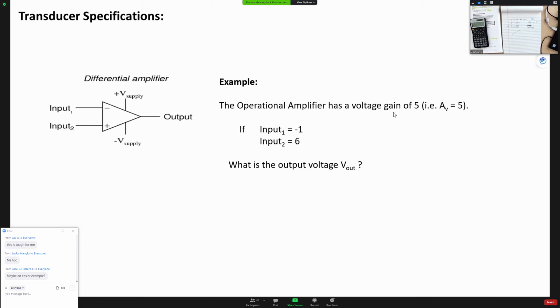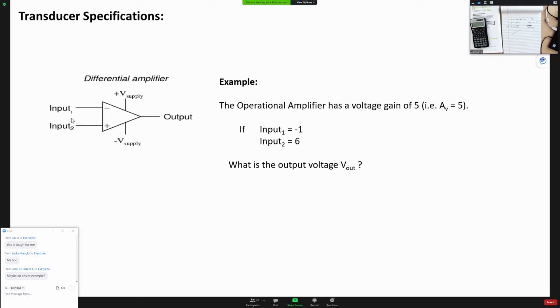An operational amplifier has a voltage gain of 5, which means the difference between the inputs will be 5 times larger at the output. That's what gain means. The input 2 is 6. Input 1 here is -1. They ask you what's the output.